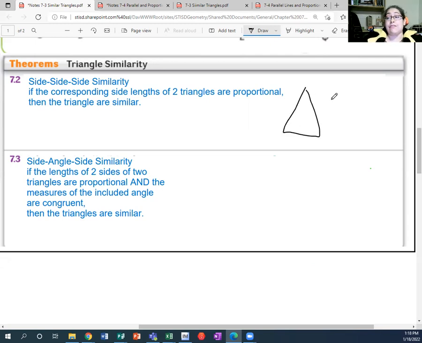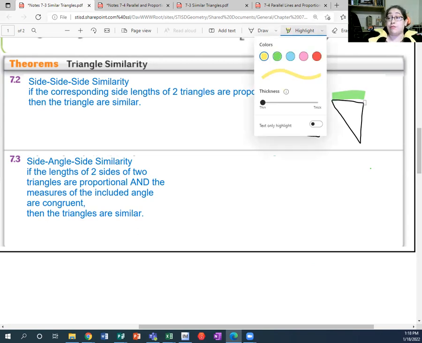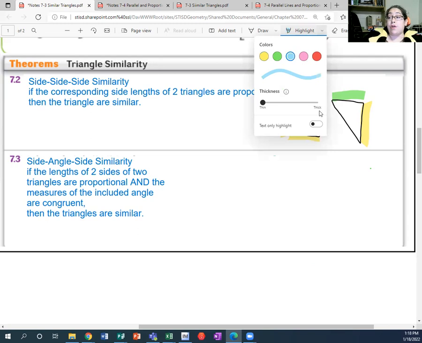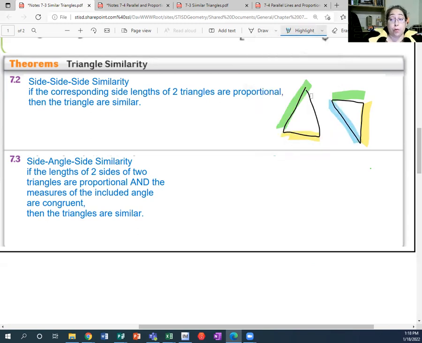It says that if I have all three pairs of sides of two triangles proportional to each other, not congruent, proportional. That means when I write the fractions comparing them, those fractions are going to be equal. If I have all three pairs of sides proportional between two triangles, then the triangles are similar.